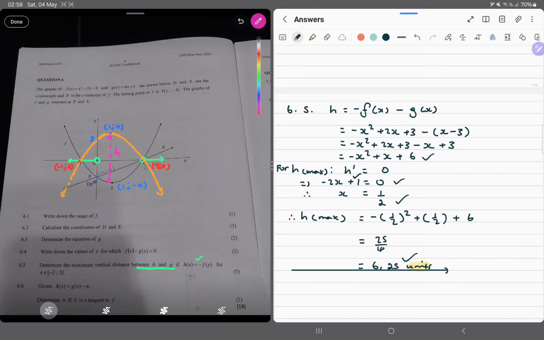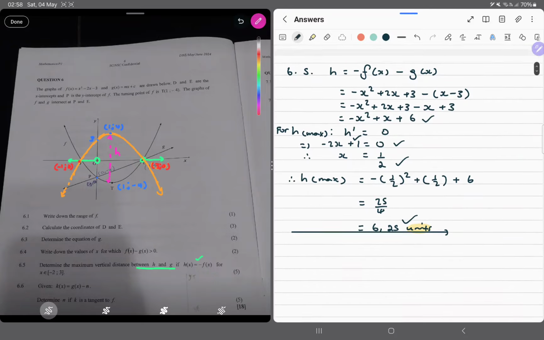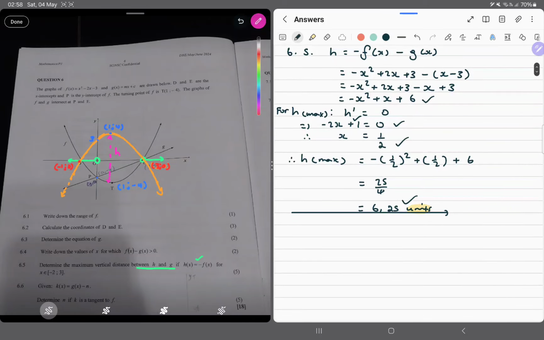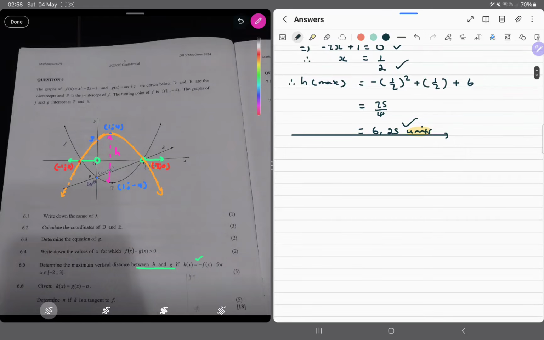Easy. So I think those 5 marks are scored as easily as that. But they can be distributed otherwise. Okay, guys, not a big deal. That was also an easy question to deal with.